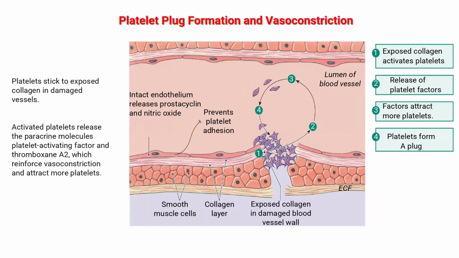Activated platelets release paracrine molecules, which are platelet activating factor and thromboxane A2, which reinforce vasoconstriction and attract more platelets to the area in order to form the platelet plug. So exposed collagen activates platelets.